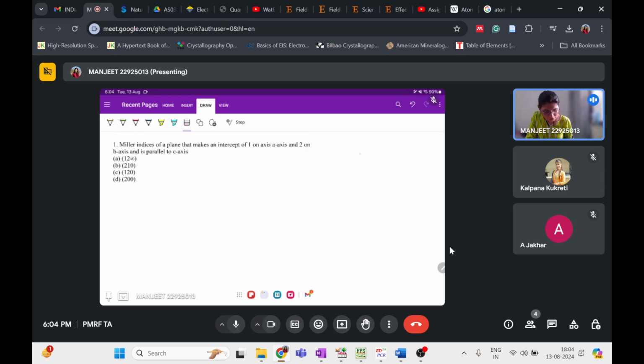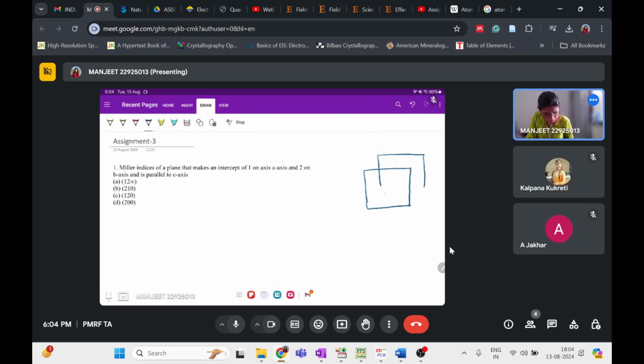So we have a cube. Let's say we have a cube like this, a simple cubic where the atoms are present at the corners of the cube.